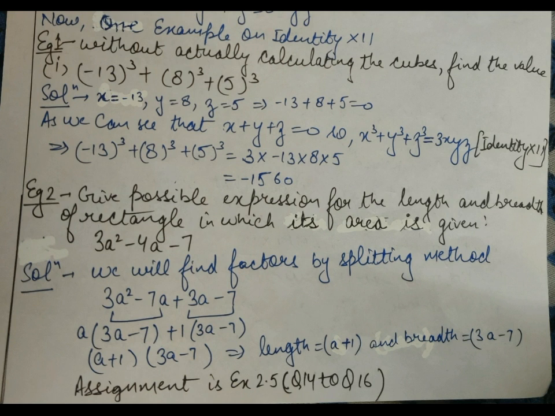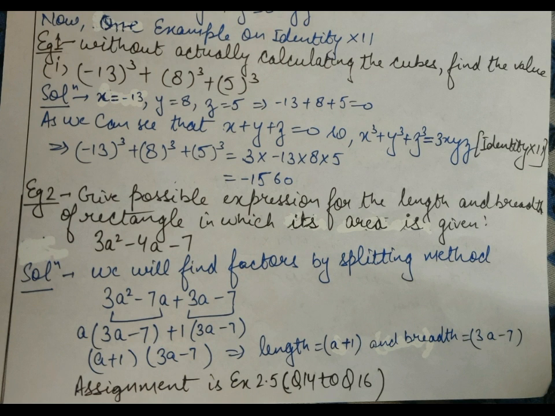So by the splitting method, we can split 3a square minus 4a minus 7 into 3a square minus 7a plus 3a minus 7. Then in the next step we can take a common from the first two terms, and 3a minus 7 will be left inside. In the next two terms, 1 is common, and inside 3a minus 7 will be left.